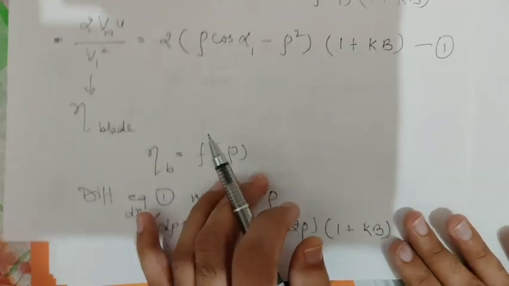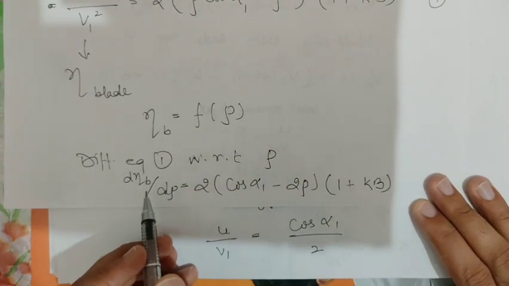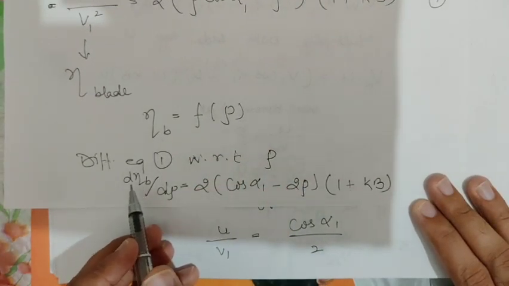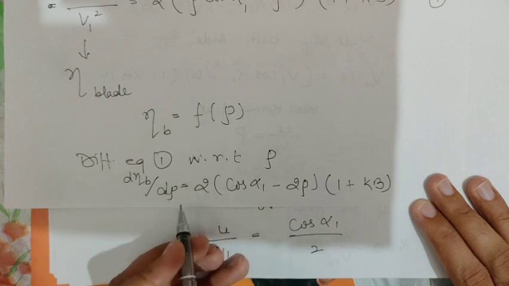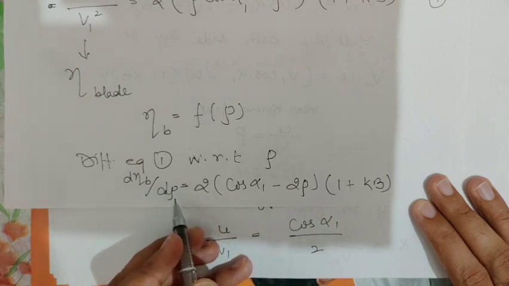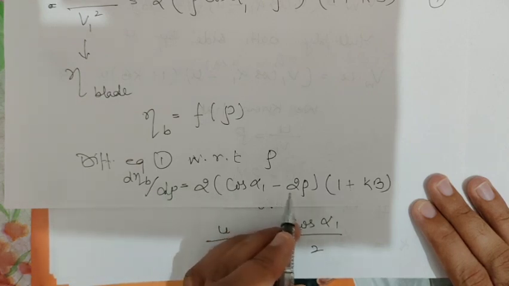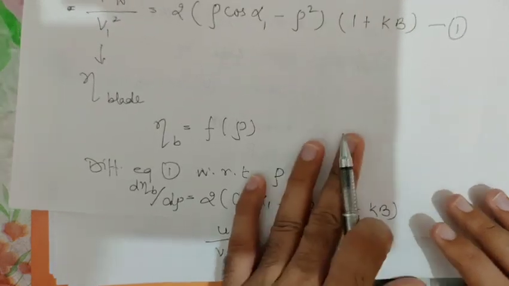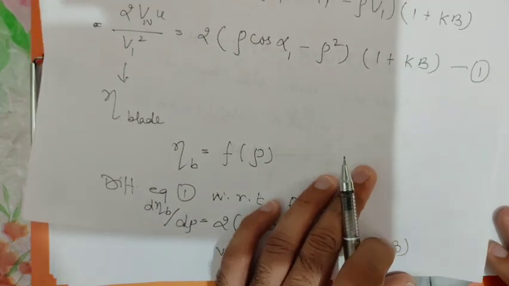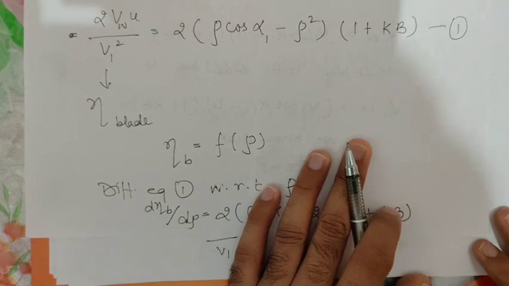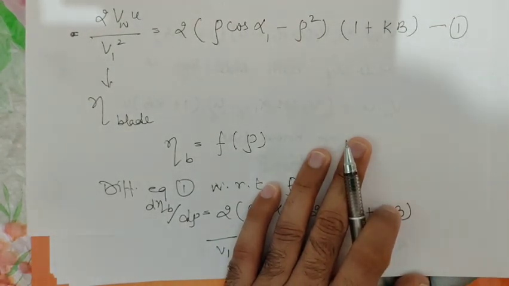By differentiating this with respect to rho, we get the differentiation of blade efficiency with respect to rho as 2 cos alpha 1 minus 2 rho, 1 plus kb. For finding the maximum, we have the maximum condition, we have to put it as 0.